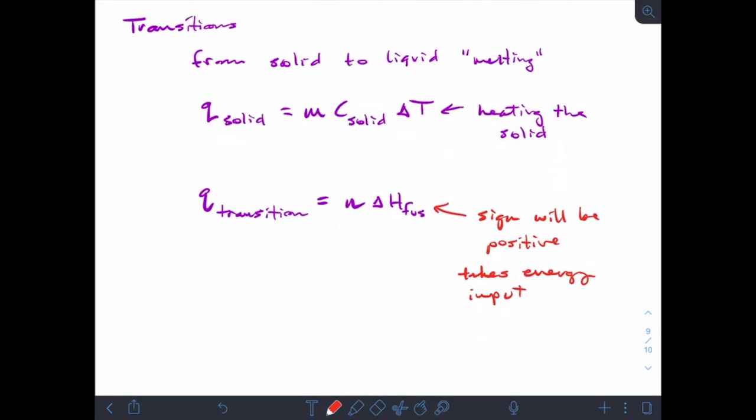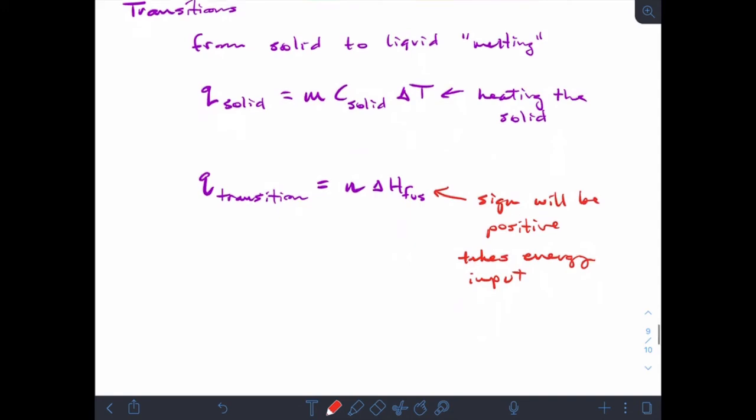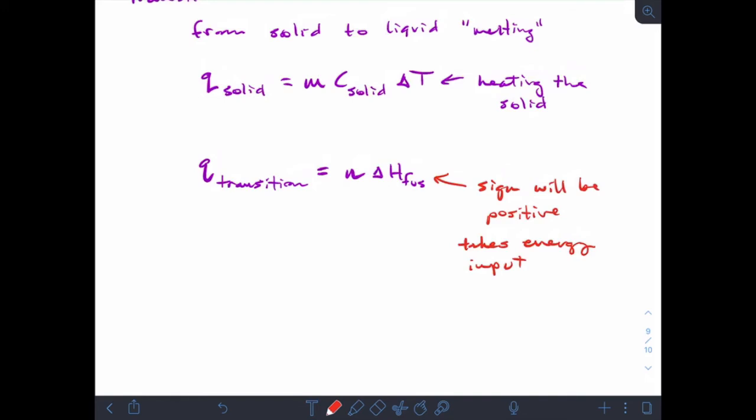And then once we have transitioned, okay, then we can take that liquid and we can heat it up. Right? So then we'll have Q of the liquid, warming up the liquid, and it will have the same form as warming up the solid. Okay? So it depends on which direction you're going.